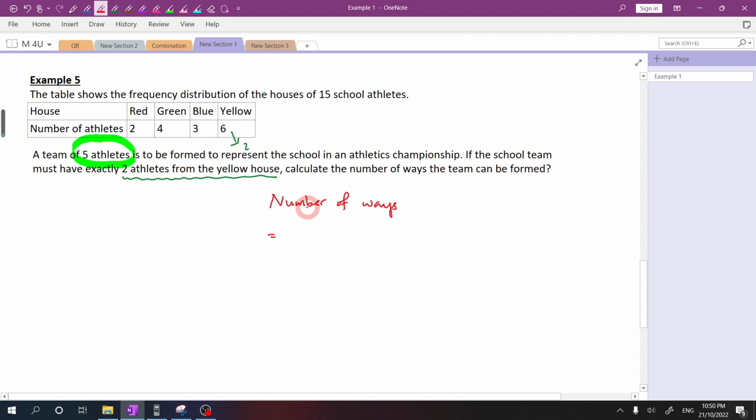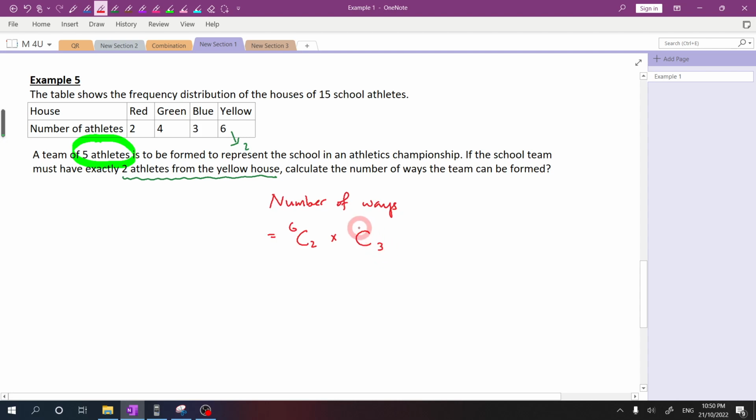So we think about the condition first. Exactly 2 districts from the yellow house, so it will be 6C2. Now, total we need 5, right? Since we already have 2 here, we need another 3.